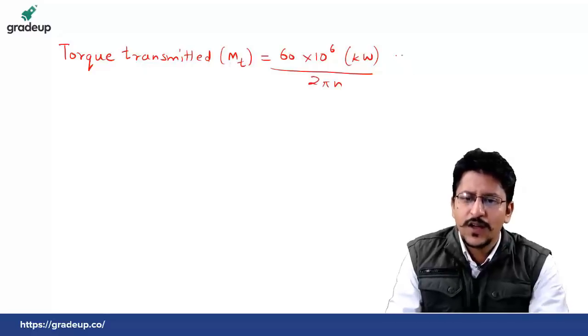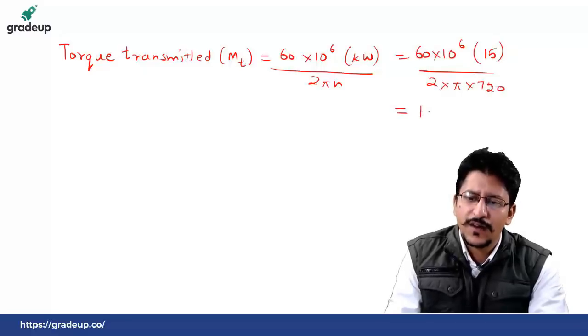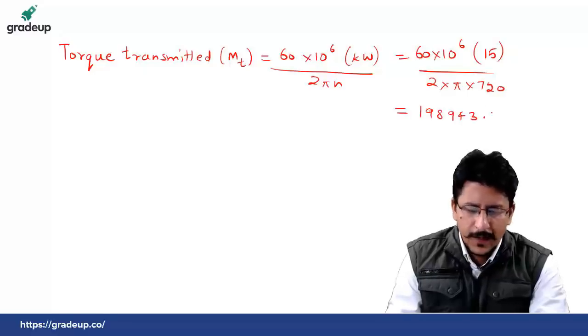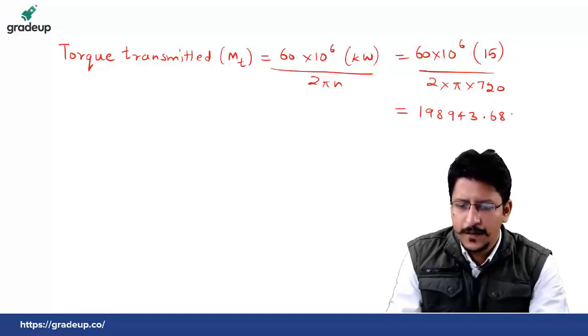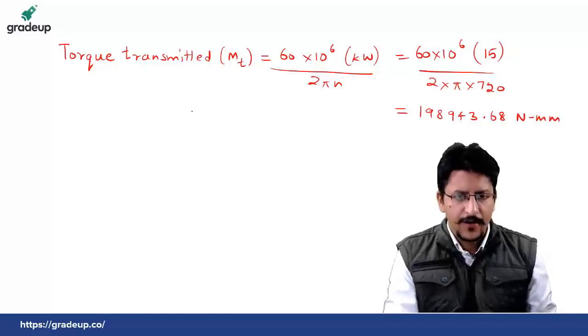Substituting the values, 60 into 10 to the power 6, the power is 15 upon 2 into pi into n, which is 720. On solving this, we get 198,943.68 Newton mm. This is the torque transmitted that we have found out.